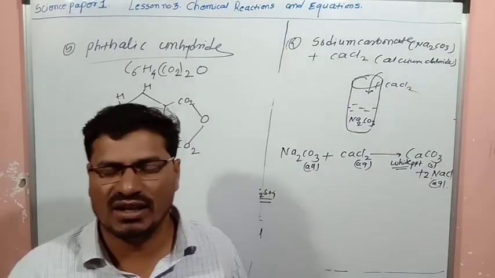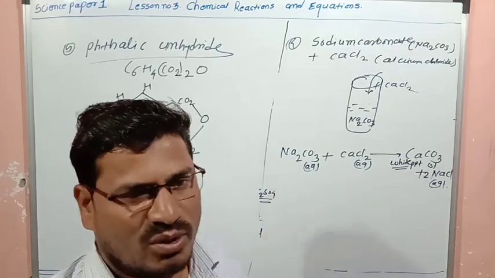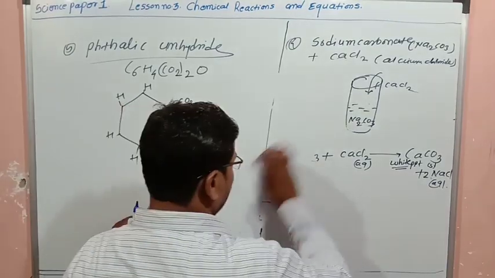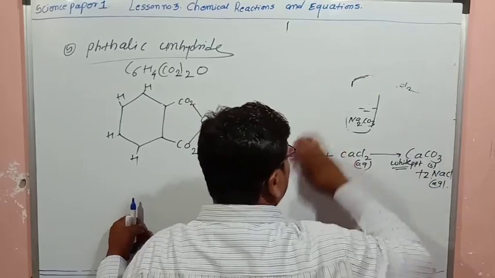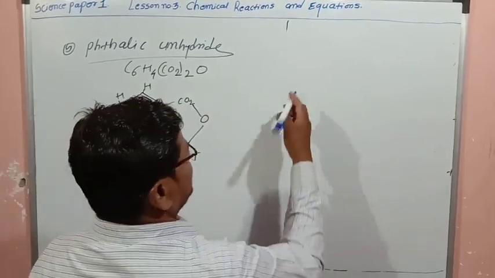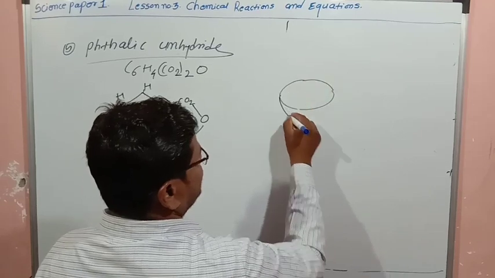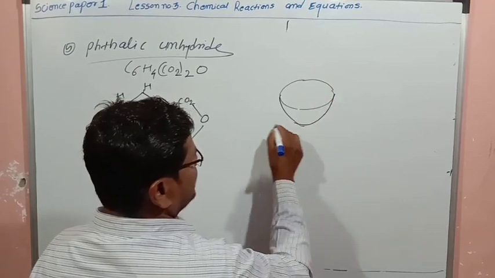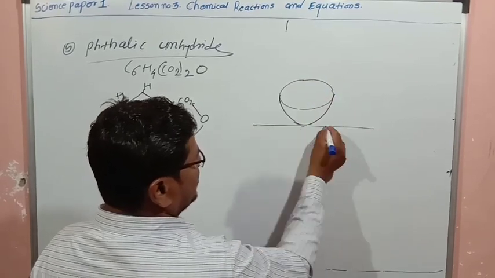And if you take phthalic anhydride into the evaporating dish, what you have to do, that we will see. Suppose you take one evaporating dish, you keep that evaporating dish on the tripod stand.